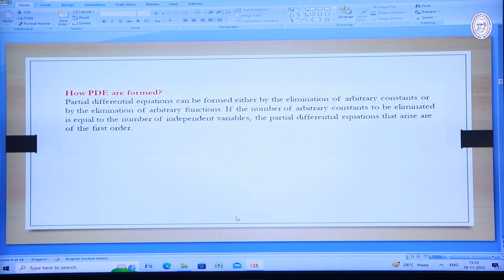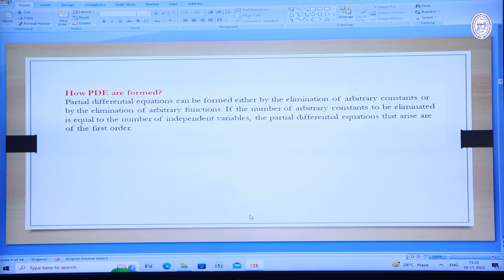How is a partial differential equation formed? A partial differential equation can be formed either by the elimination of arbitrary constants or by the elimination of arbitrary functions.